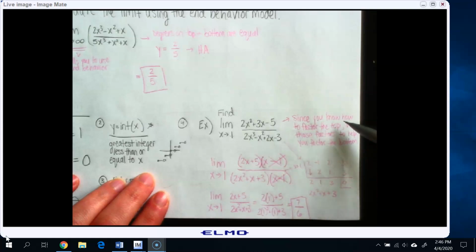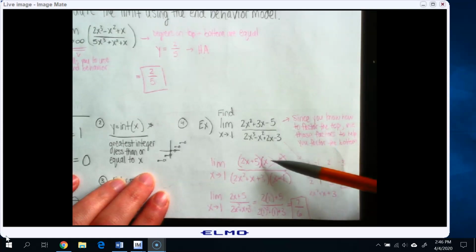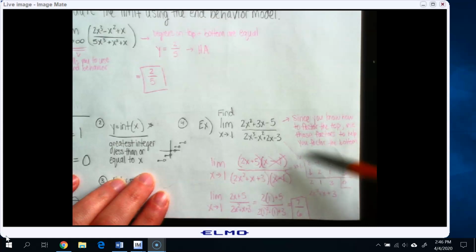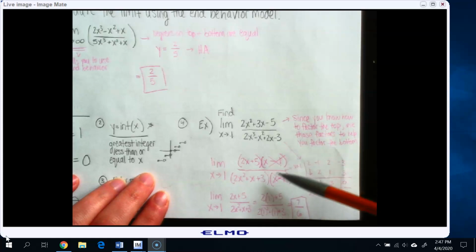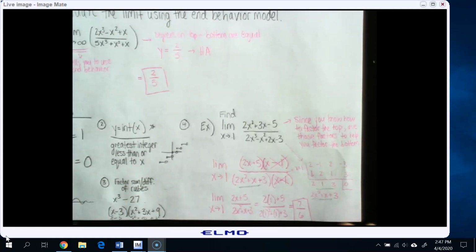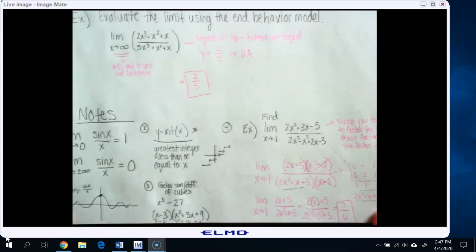So since you know how to factor the top and you see that an x minus 1 comes out, we would just use that x minus 1 to synthetically divide, which would help us factor. And so that's the work you see over here, right? I say, oh, well, I know x minus 1 is a factor. Let me divide by that x minus 1. Whatever I'm left with, turn that back into a polynomial, and now I can cancel out the hole and use regular substitution. Okay, so just some little extra notes that might help you with some of those practice problems.